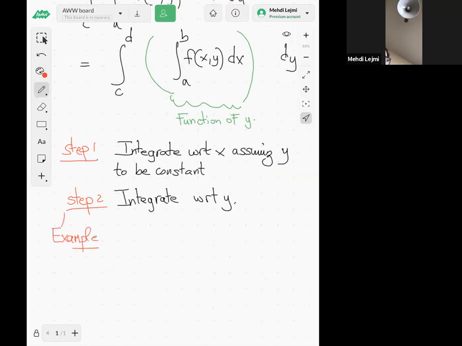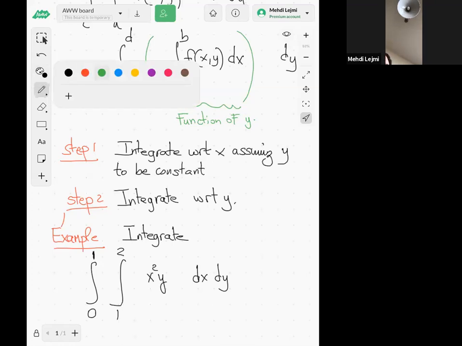So let's say you want to integrate x squared times y dx dy, again, that's my area element. x goes over the interval 1 to 2, and y belongs to the interval 0 to 1.